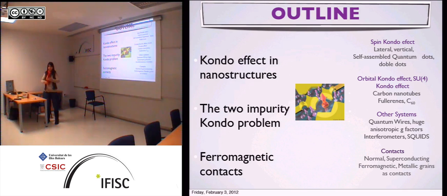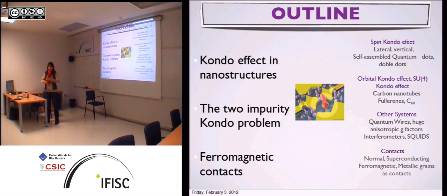So the combination of U and T, the interdot tunneling, makes it so that for large values of U, the ground state is an antiferromagnetic singlet state.